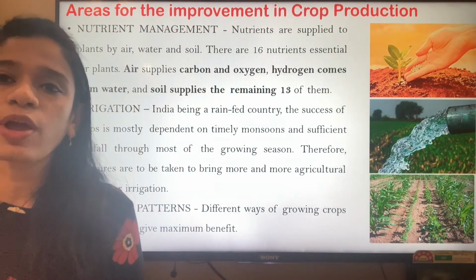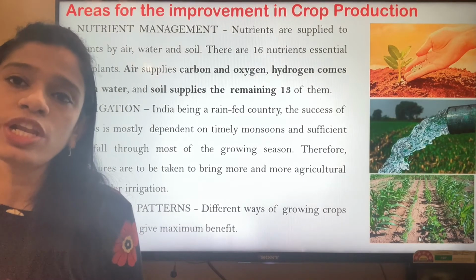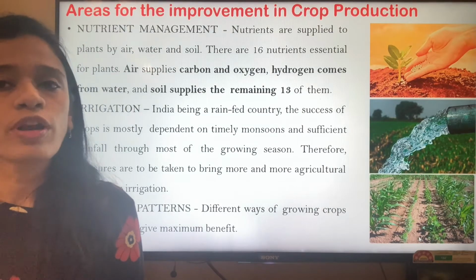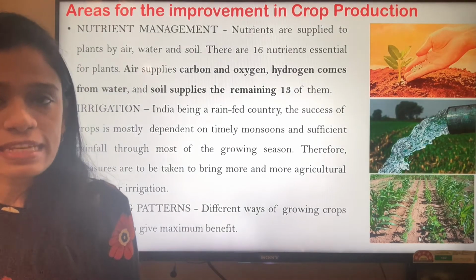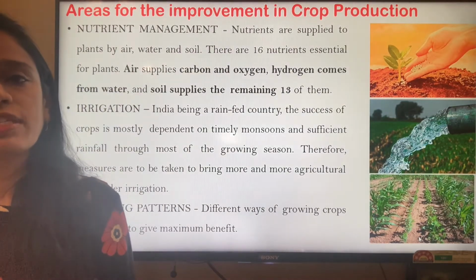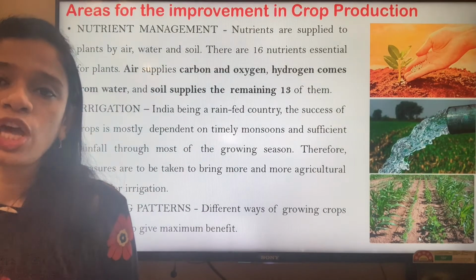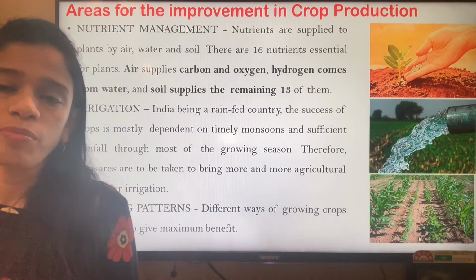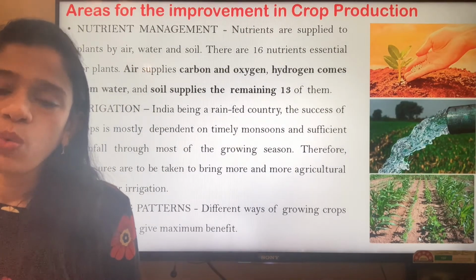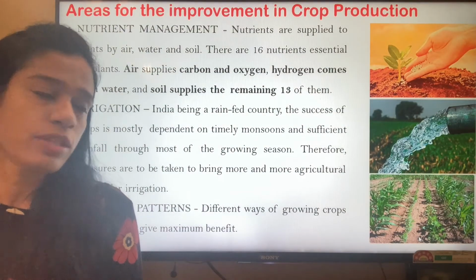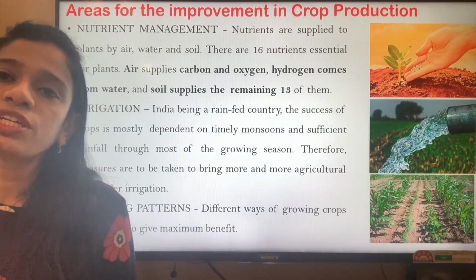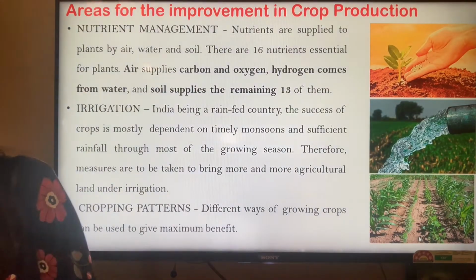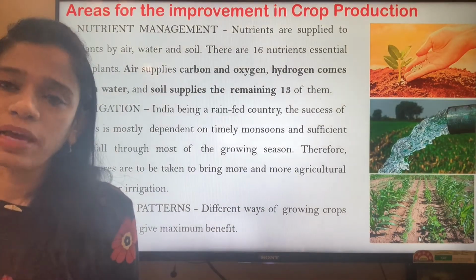Now, 16 essential nutrients are required by plants for their growth and development. Out of the 16 essential elements required for plant growth, 3 are supplied from air and water. Water supplies the plants with hydrogen, and oxygen and carbon dioxide are supplied by air.